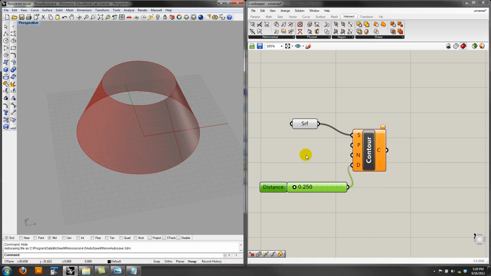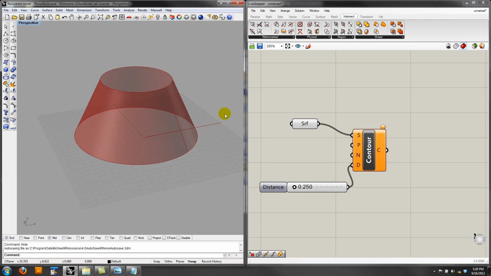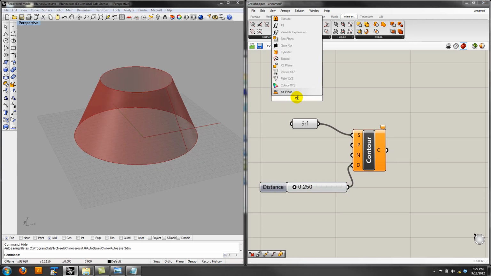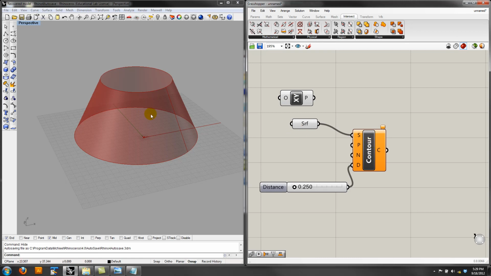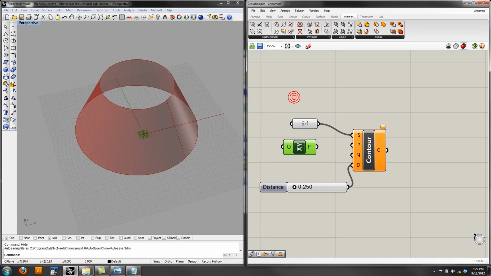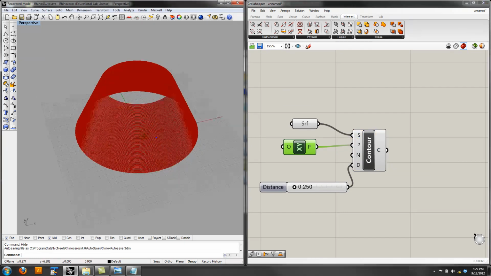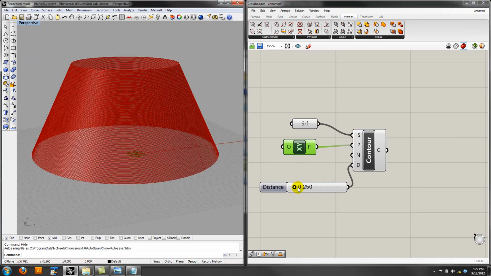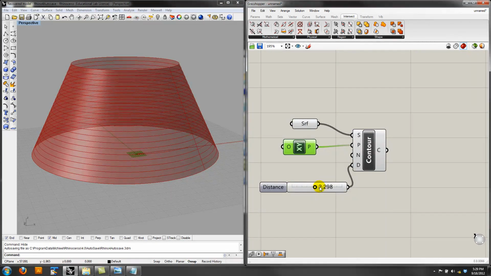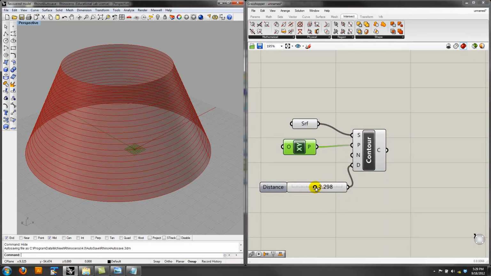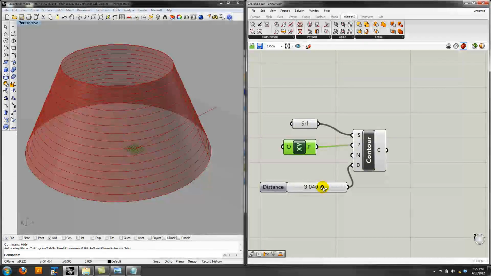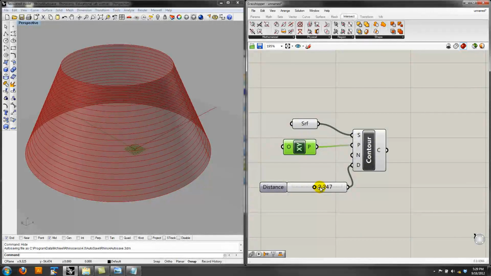In this case, I'm going to chicken out, and I am just going to use the XY plane as a start point because this is sitting here on the default. We'll talk a little bit more about this later. Whoa, we have a lot of contours. Let's dial it down a bit. If we increase the distance, we get fewer contours. Right? More distance, fewer contours.